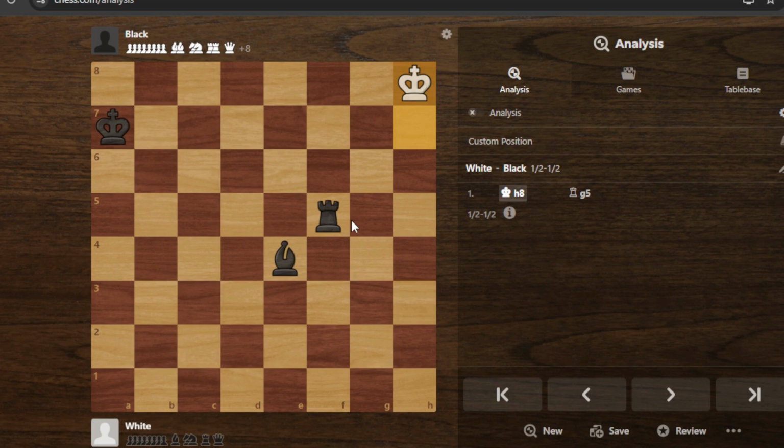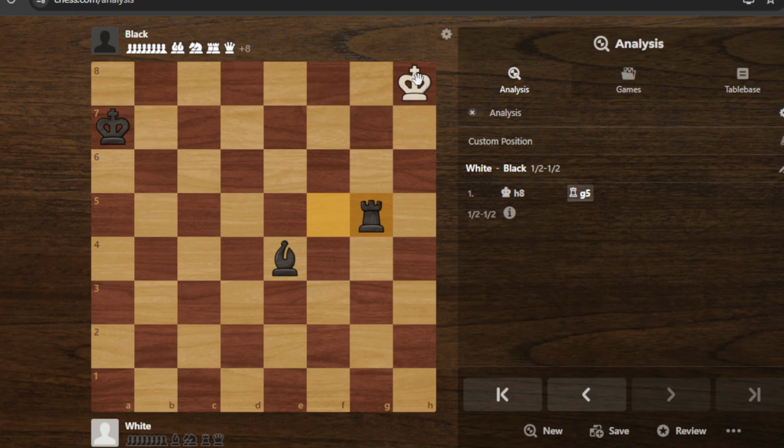So if black plays a move that makes stalemate, it will be a draw. So in this position, black plays rook to g5. So this move is a stalemate, it's a draw.